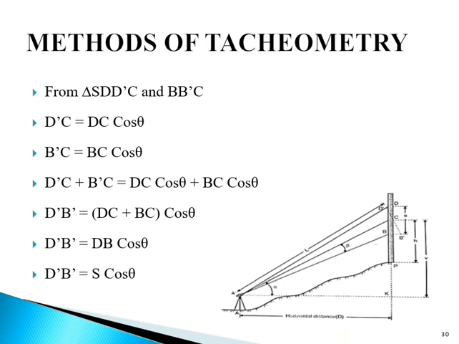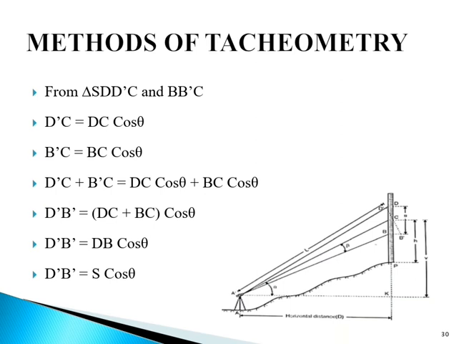So let us understand again. From triangles DD'C and BB'C, D'C is equal to DC cos theta, B'C is equal to BC cos theta. So D'C plus B'C is equal to DC cos theta plus BC cos theta.